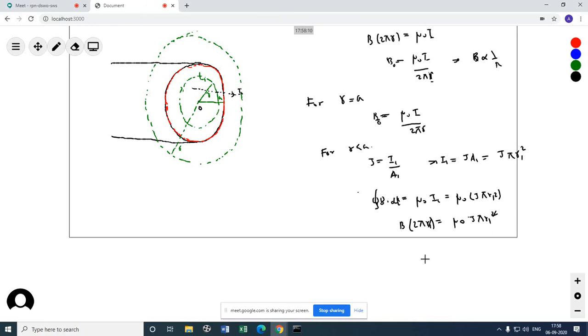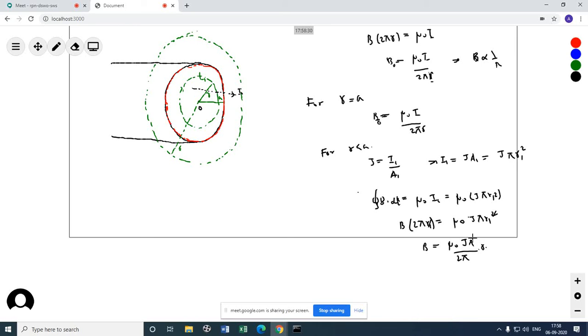So R1 cancels. Let the pi be whatever, both those things are constant. That is not my concern here. So here it is mu naught J pi by 2 pi into R.